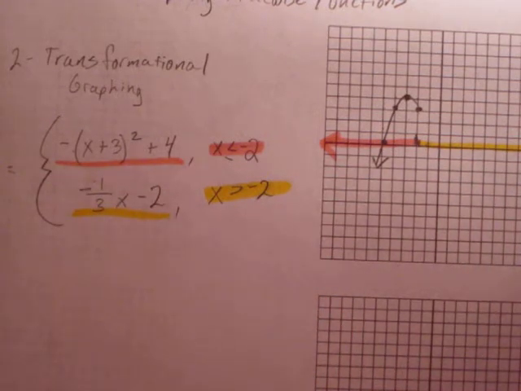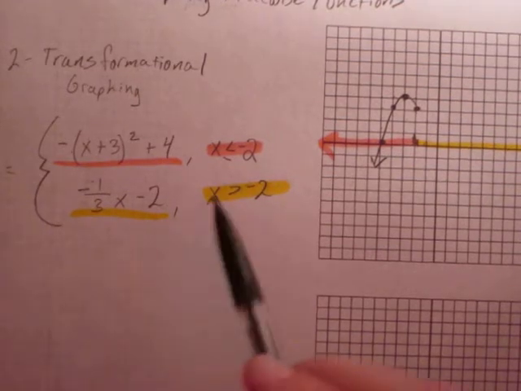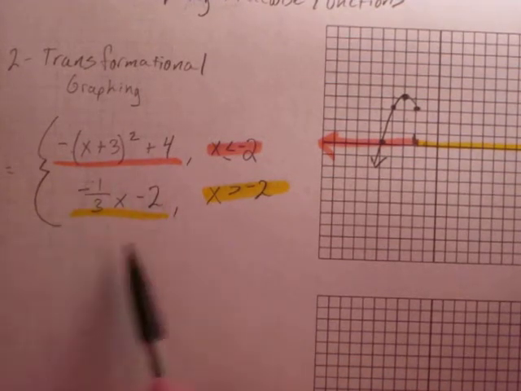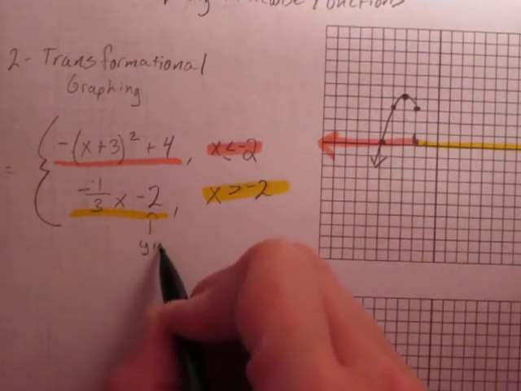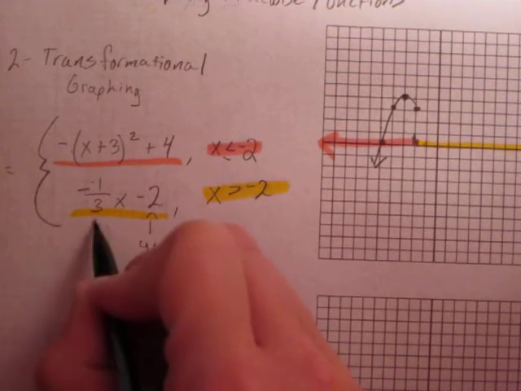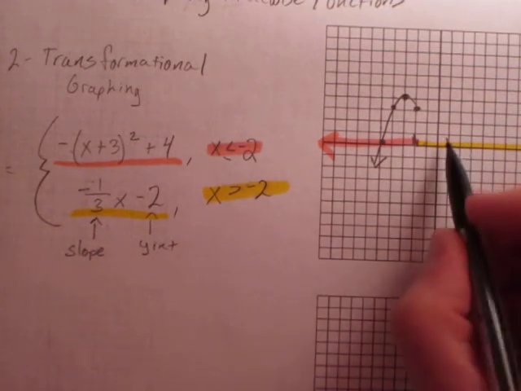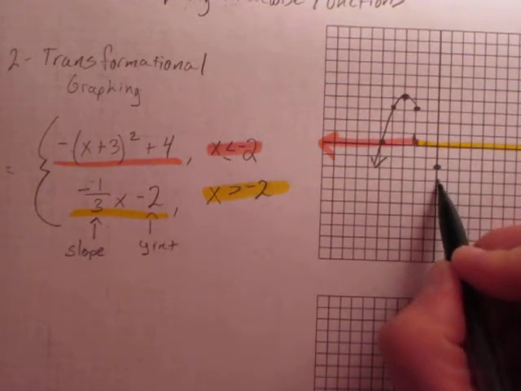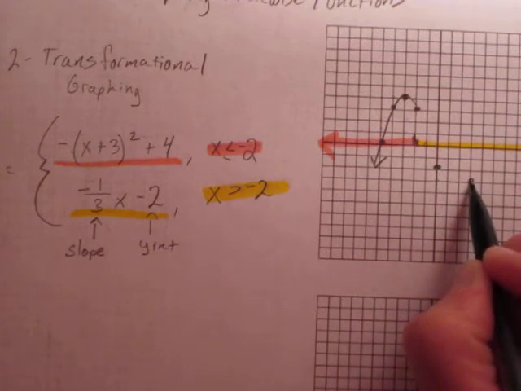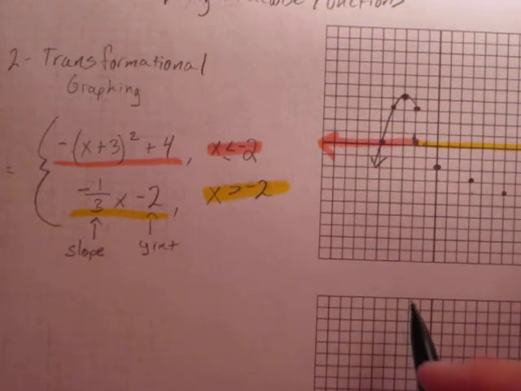And you can make a table if you want to, or we can use this linear equation, which we know that -2 is the y-intercept and -1/3 is the slope. So I start at -2 and I put a point, and from here I'm going to go down 1 over 3, down 1 over 3, and in this direction it continues forever.